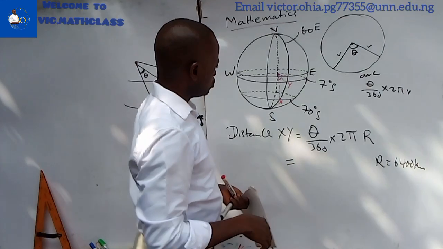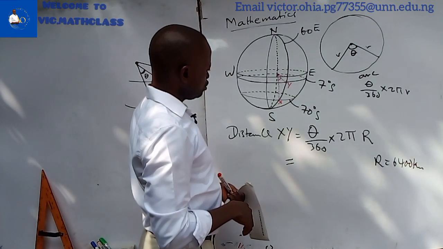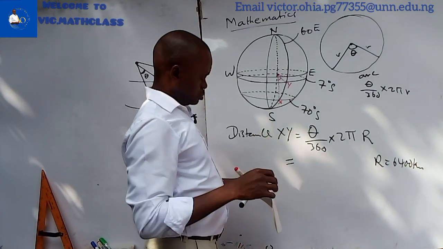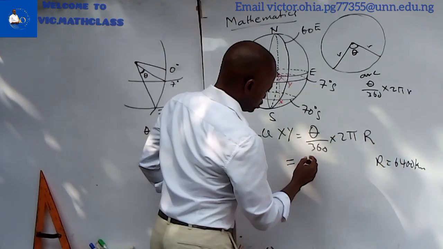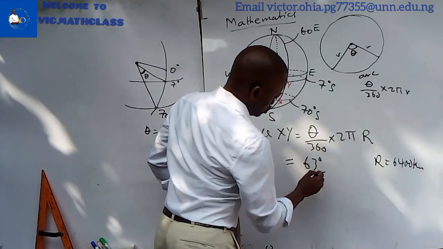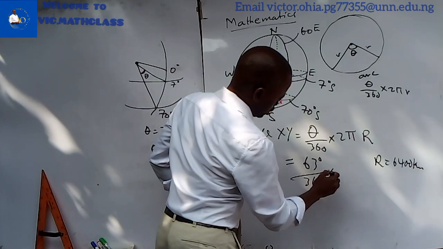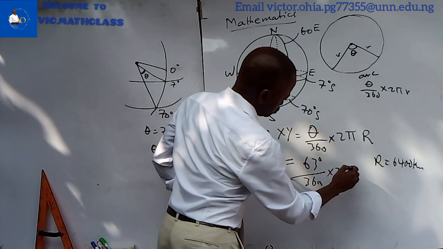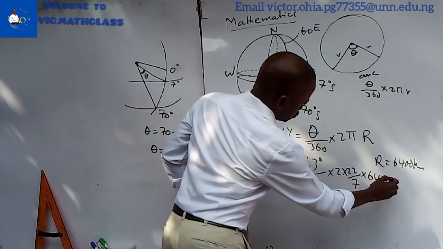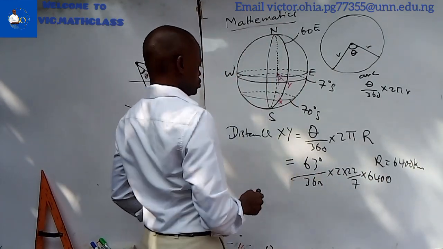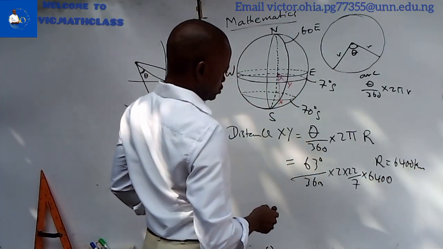Taking cognizance of that, what we are going to have here is 63 degrees over 360 times 2 times 22 over 7, then times 6,400. So we can now work with that.